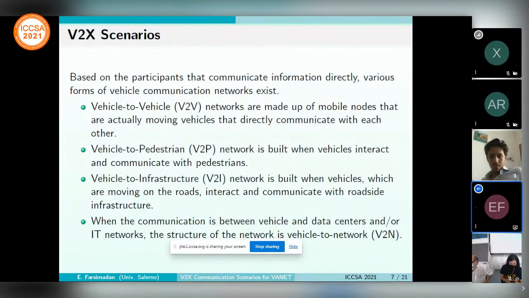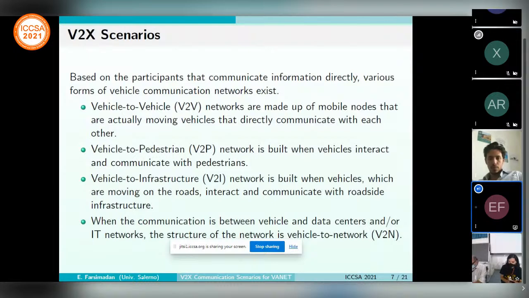The third one is vehicle-to-infrastructure, or V2I. A V2I network is built when vehicles which are moving on the roads interact and communicate with road infrastructures, for example, traffic lights. And the last one is when the communication is between a vehicle and data centers or IT networks.